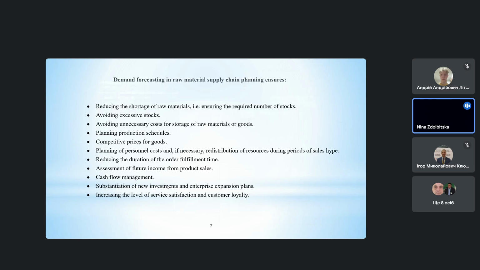Reducing the duration of order fulfillment time, assessment of future income from product sales, cash flow management, substitutions of new inventions, and enterprise expansion plan, increasing the level of service satisfaction and customer loyalty.